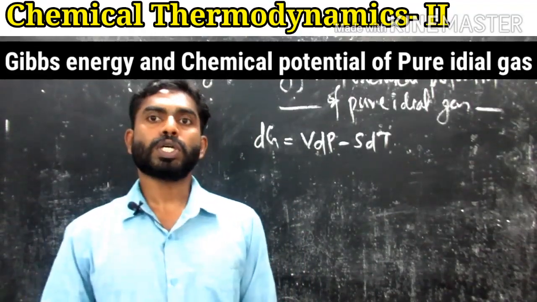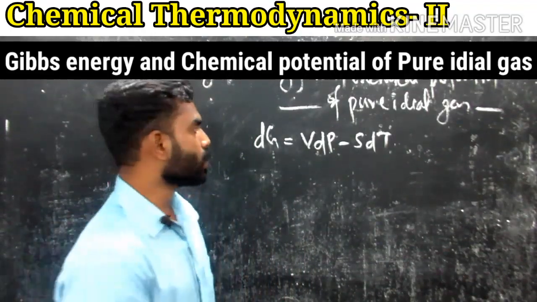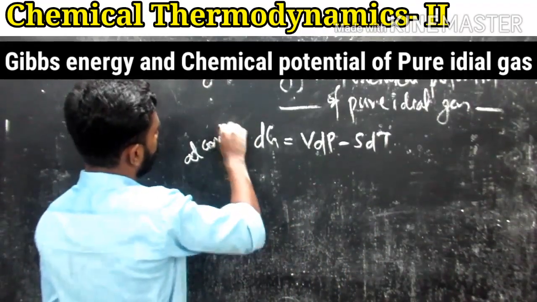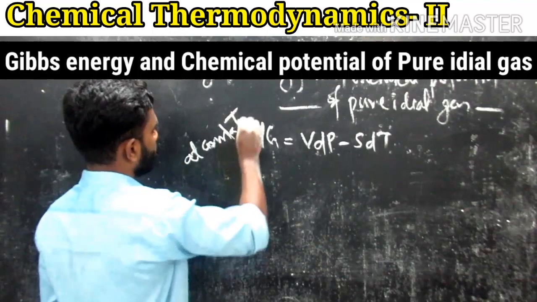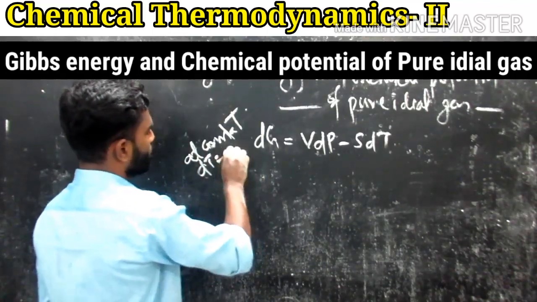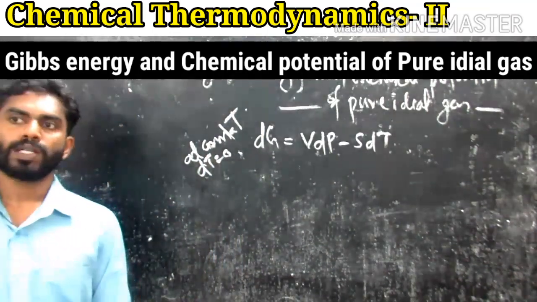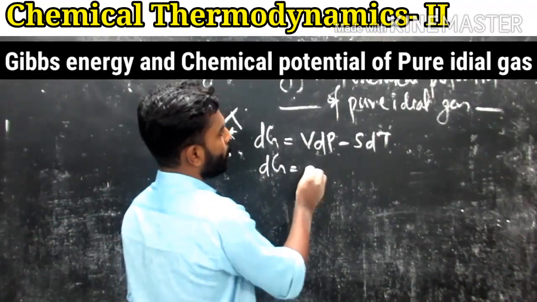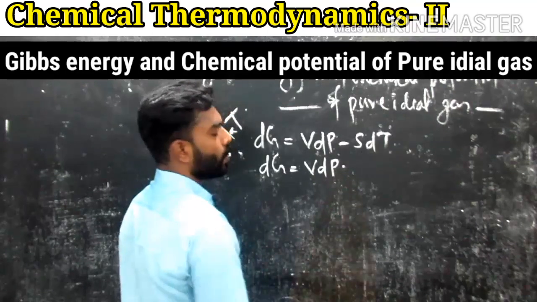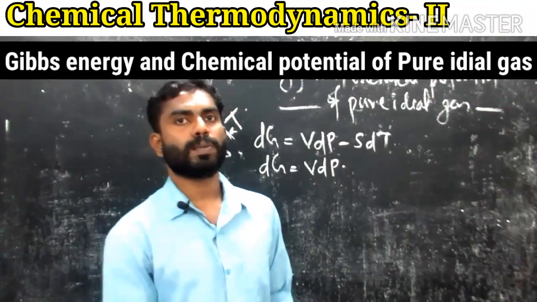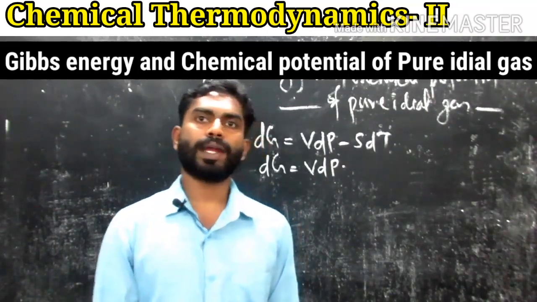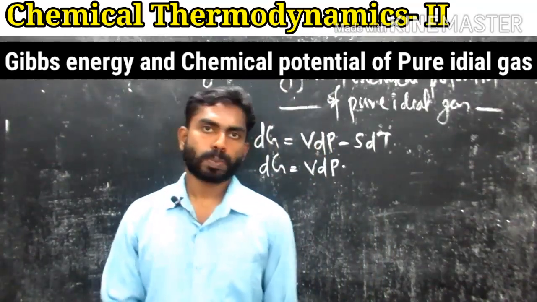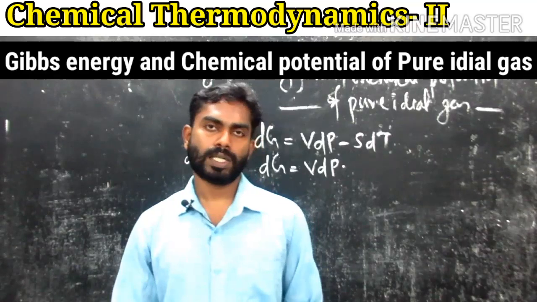Okay, at constant temperature, since dT is equal to 0, dG can be written as dG is equal to VdP. Let us take an ideal gas at 1 bar, the standard pressure, at a specified temperature T Kelvin.